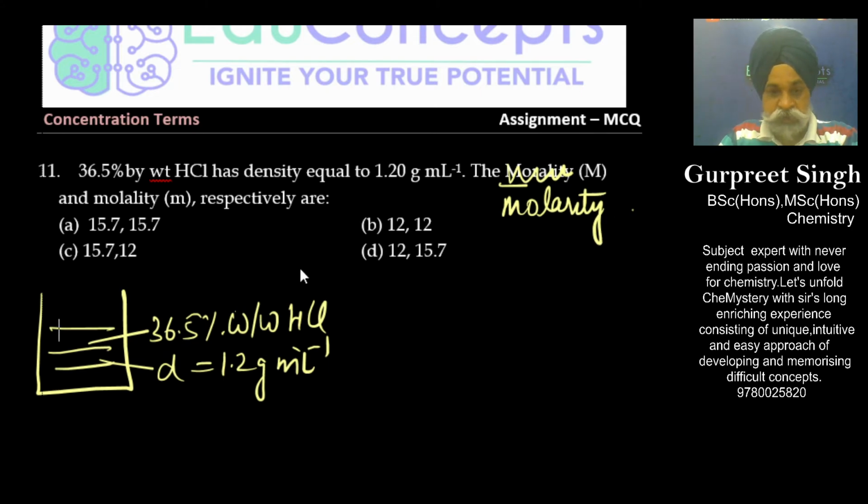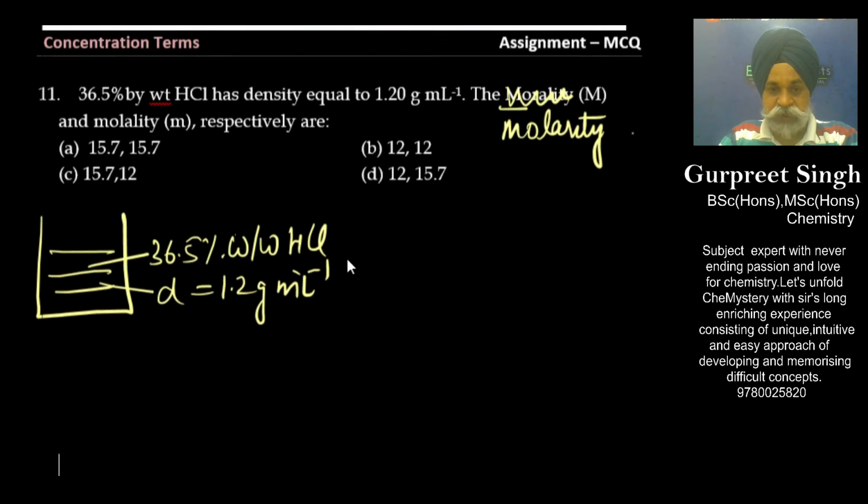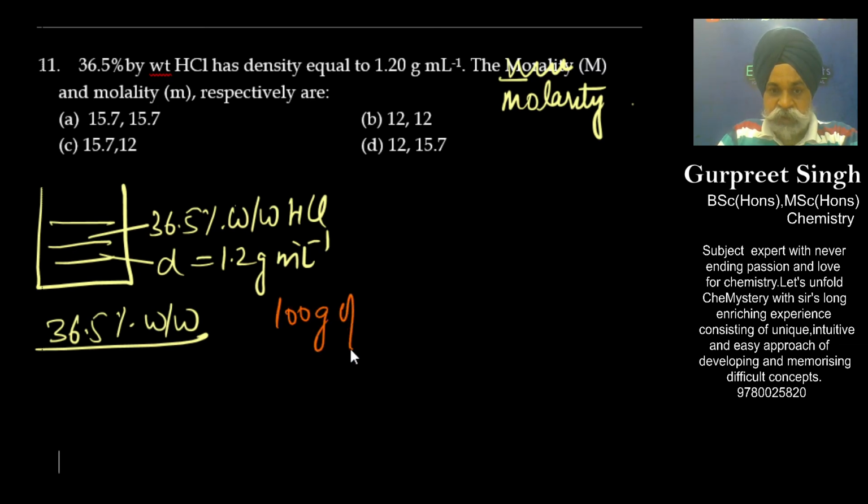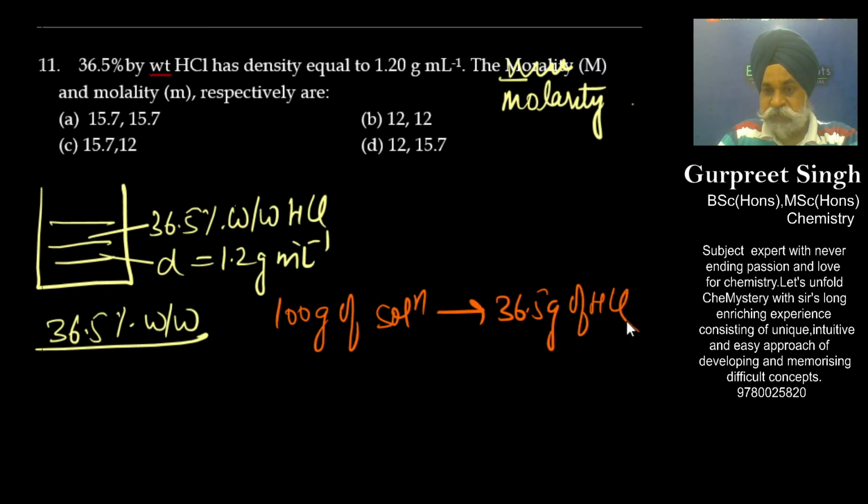Now how do we go for it? It is again a very easy question. First you have to understand what I mean by 36.5% weight by weight. Simply it would mean that 100 grams of solution is containing 36.5 grams of HCl, as simple as this.